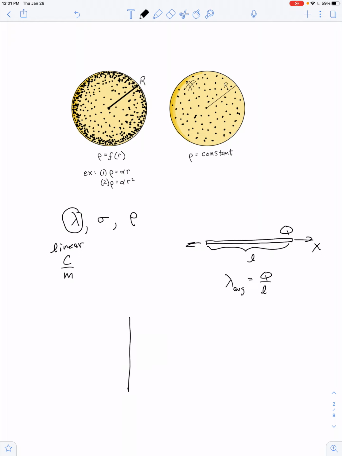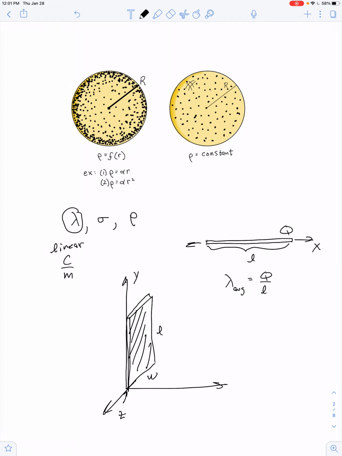Then we could imagine taking a sheet of charge, so very thin, right? There's a length and a width and a very tiny thickness to it that's negligible. Really, we just imagine we're spreading charge out across the, there's a z-axis and a y-axis and an x-axis.